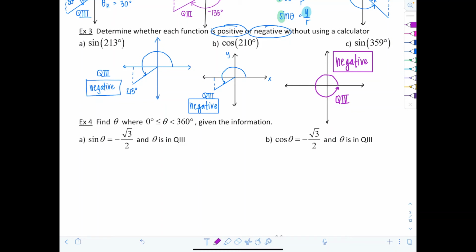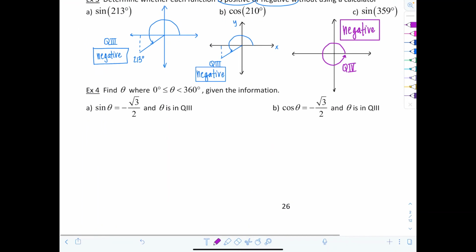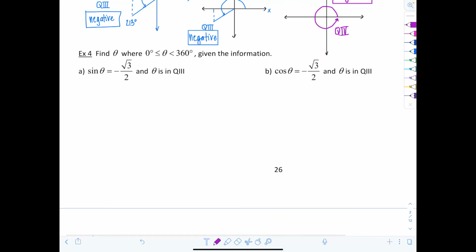Now we're going to go backwards. Okay, so example 4 says find theta. So we have to figure out what the angle was, where theta is between 0 and 360, given the following information. So first things first, they tell me sine of theta equals negative rad 3 over 2, and theta is in quadrant 3.